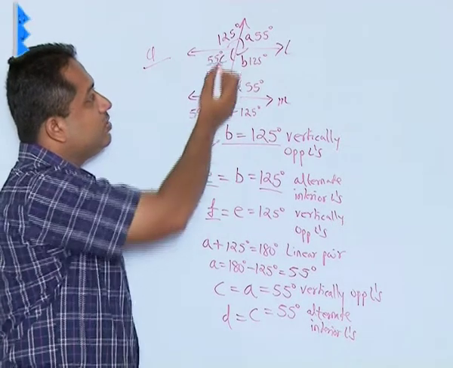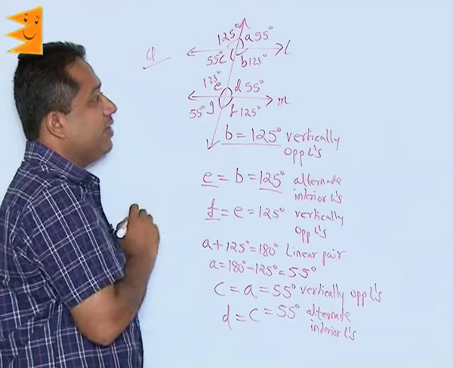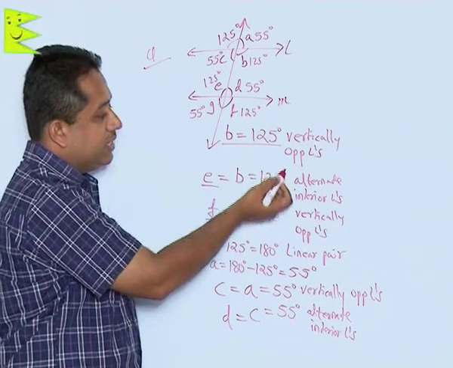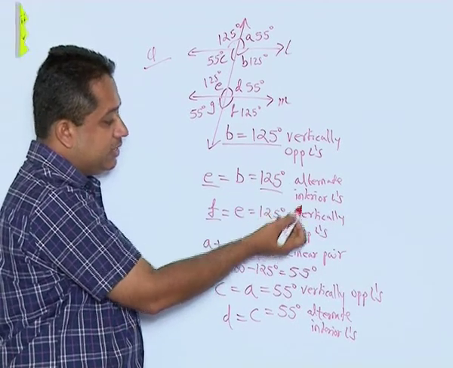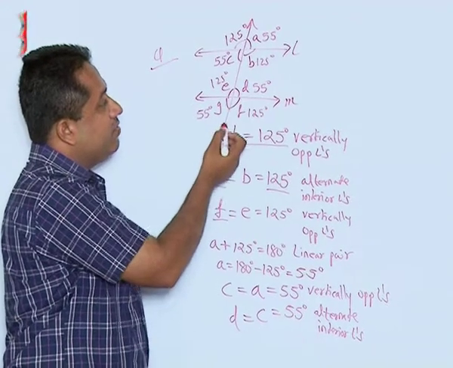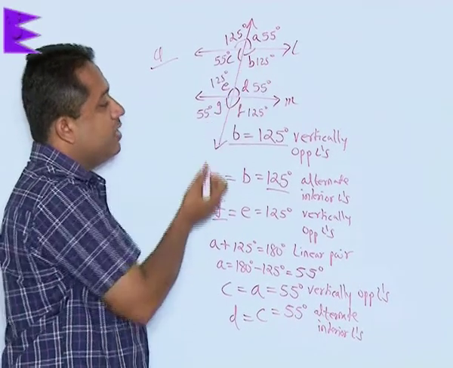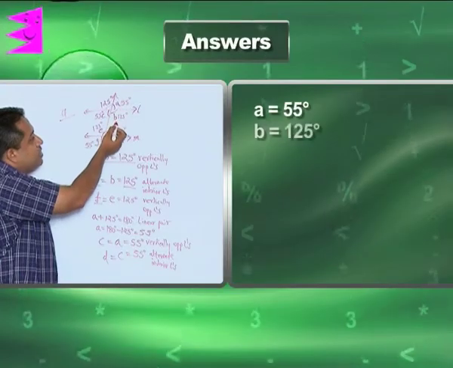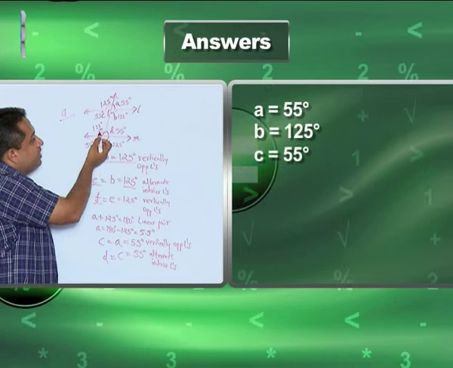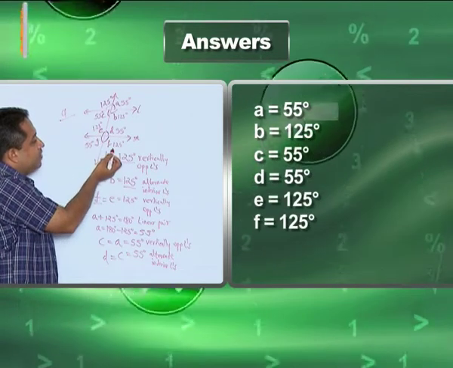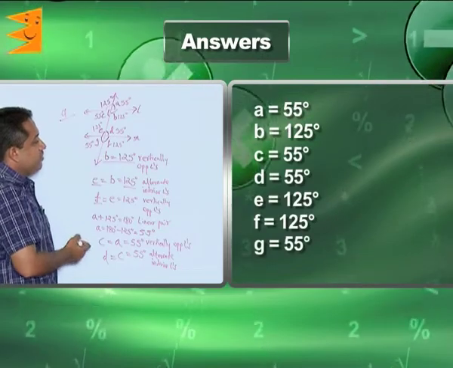So, one angle was given to us, that one angle was 125, and with the help of the properties of vertically opposite angles, alternate angles, linear pair, we have solved this entire question and we have found out all the 7 unknown values, that is A 55, B 125, C 55, then D 55, E as 125, F as 125 and G as 55 degrees.